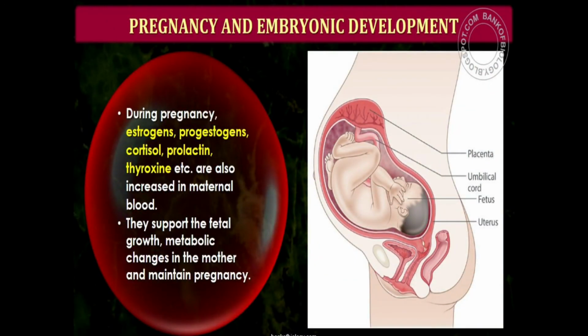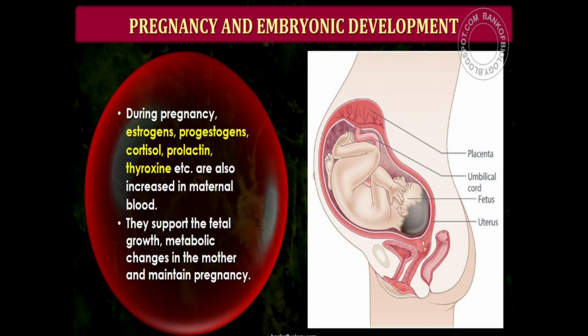Next, during pregnancy, estrogens, progesterone, cortisol, prolactin, thyroxine, etc. are also increased in maternal blood. Along with estrogen and progesterone, cortisol is produced from the adrenal gland, prolactin from the pituitary gland in the brain, and thyroxine from the thyroid.